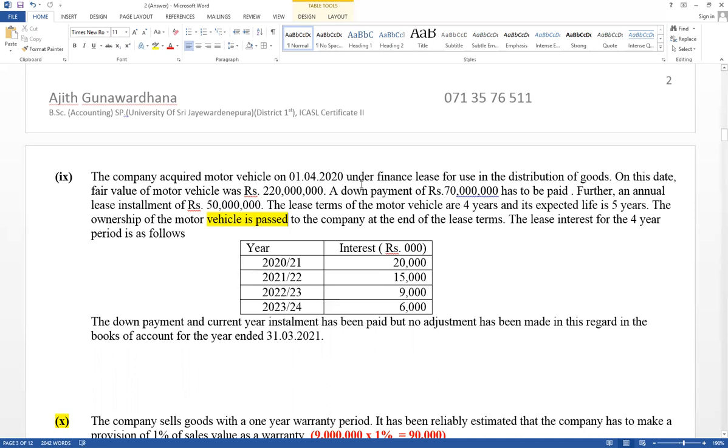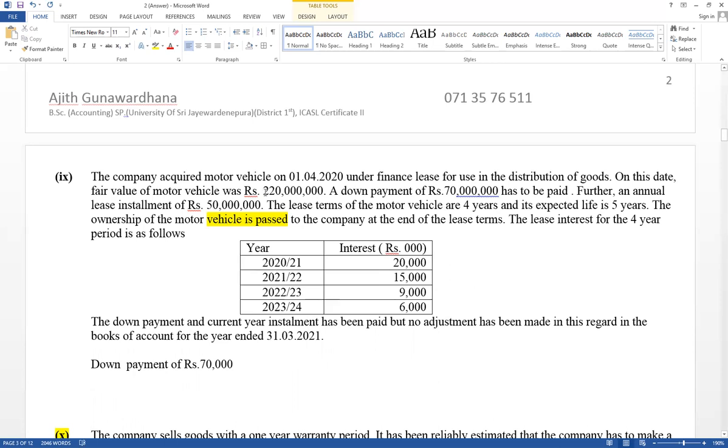Normally you have to apply 4 steps. Down payment equals 70,000. Think values in 1,000. Think how it is recorded. As well as the initial lease liability: the fair value is 220,000, but paid in cash is 70,000.